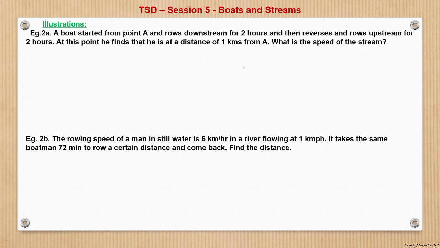I draw the figure here. Suppose the river is flowing in this direction with a speed of VR. A boat starts from point A and rows downstream, reaches point B, and then reverses. This is for 2 hours.